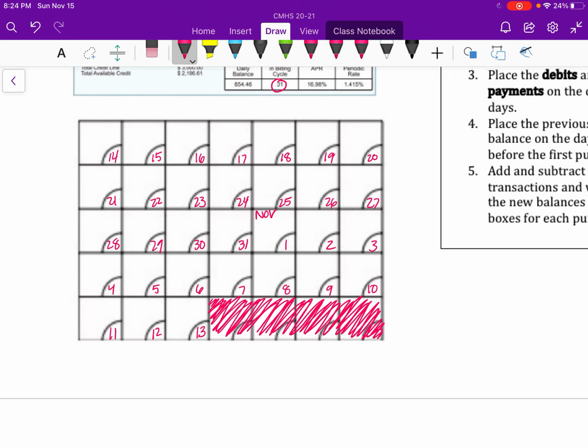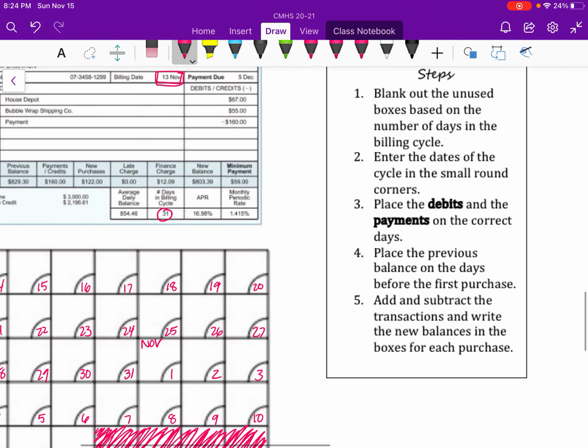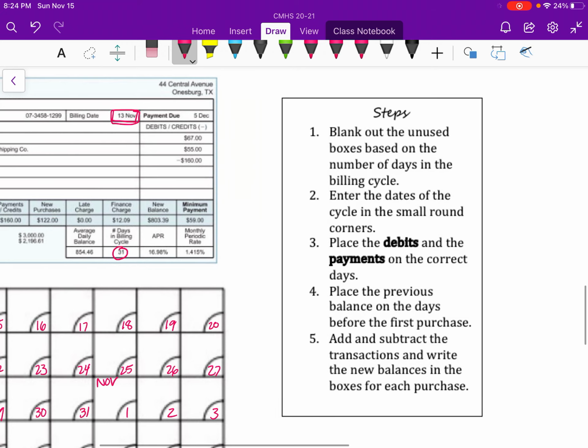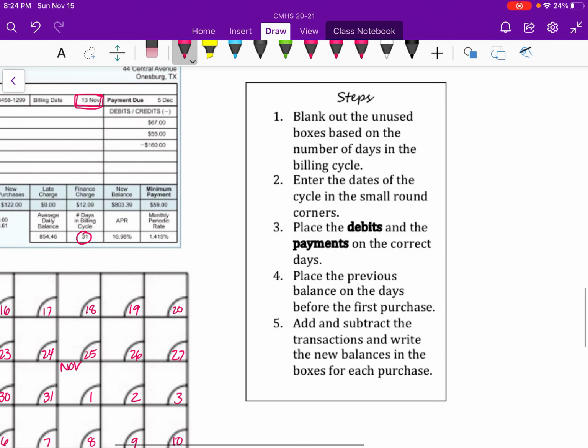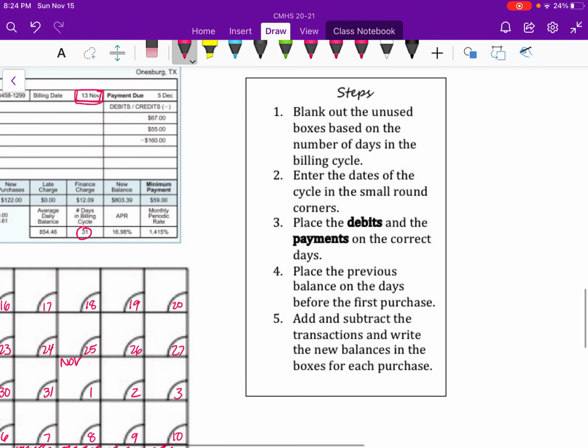Okay, and so we stopped on October 14th, and I'm going to go ahead and label October. So that is the first step, first 2 steps, I think. The steps are over here. Blank out the unused boxes based on the number of days in the billing cycle, which we did. And enter the dates of the cycle in the small round corners. That's what we did too.